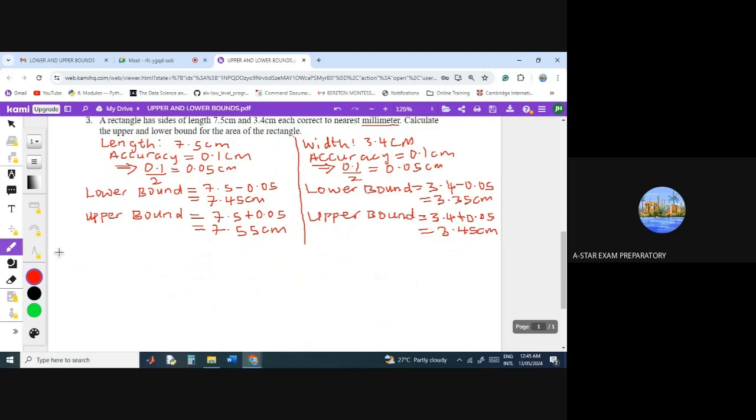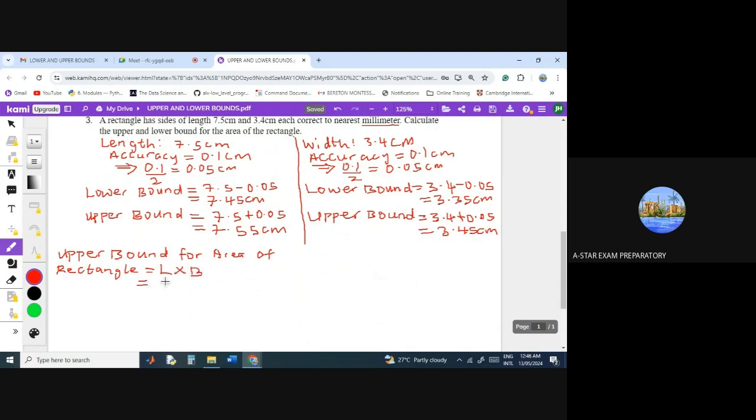So first of all, let me calculate the upper bound for the area of the rectangle. For area of rectangle, we know that the area of a rectangle is equals to the length times the breadth.